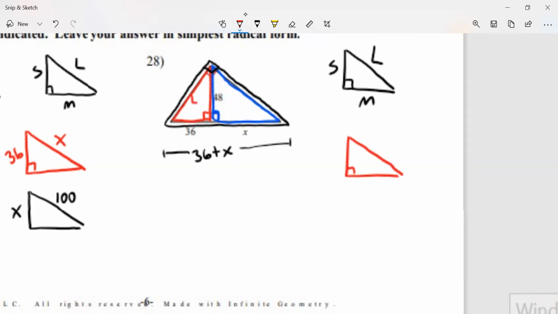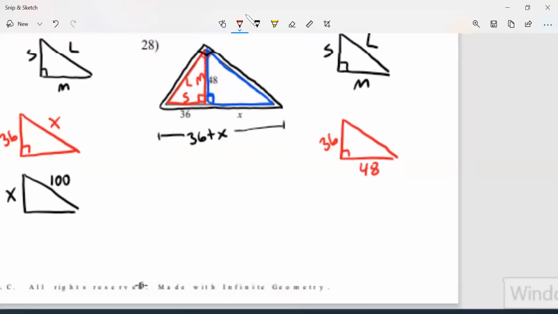And I'm going to say that 36 is my small side and 48 is my medium side. Right? 36 is smaller than 48. I'm using the black triangle on the top to know where the small, medium, and large go. So 36 goes here because it's my small side. 48 is my medium side, so 48 goes here. And for my large side, I have no idea, so I'll leave it blank.